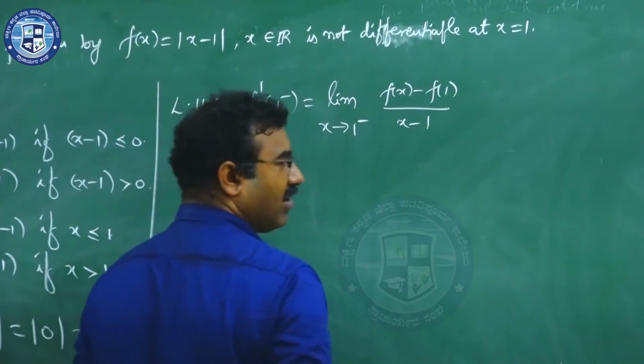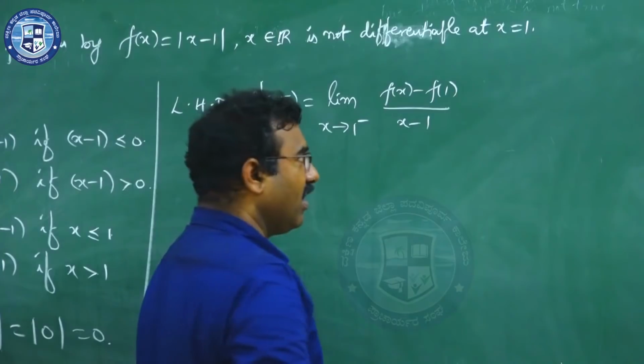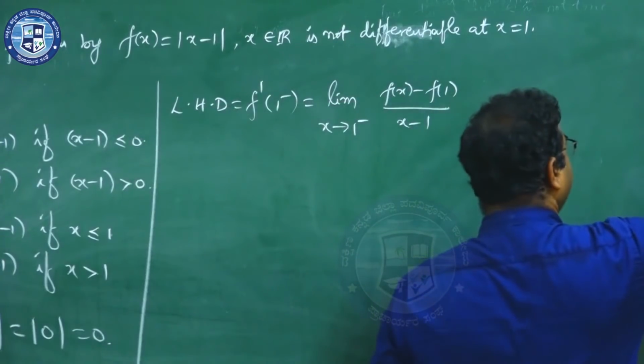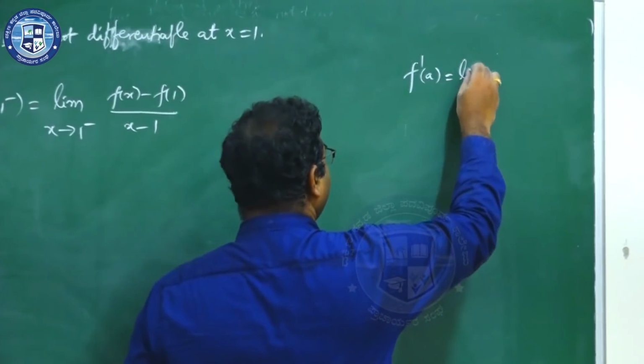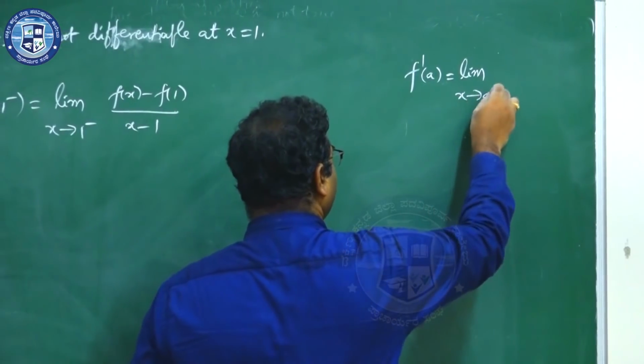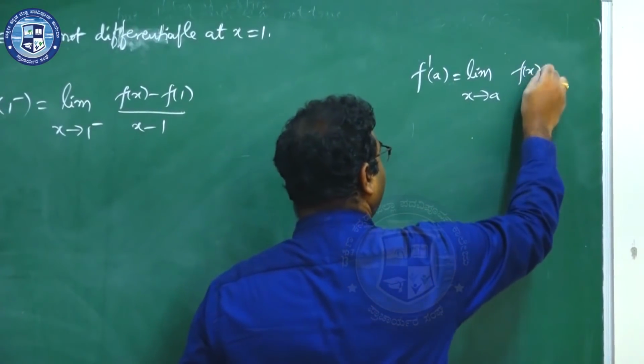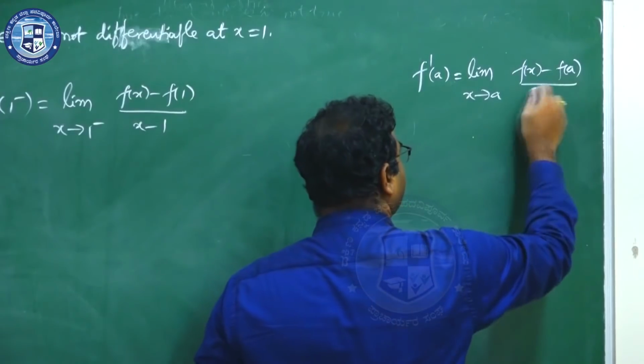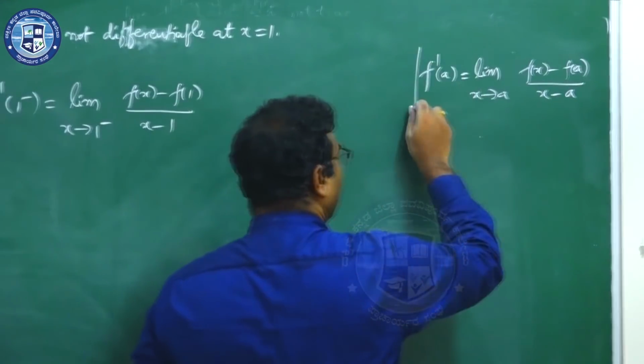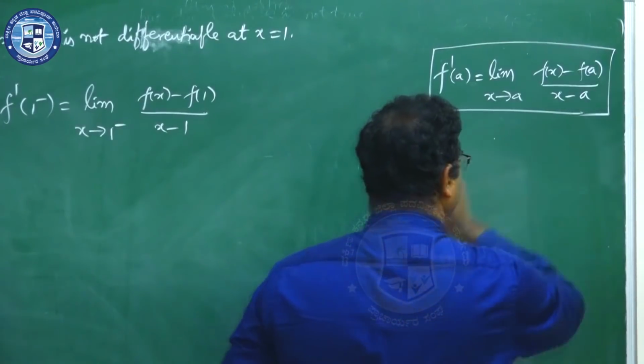Here a is 1. Always remember the formula: derivative at a point, f dash of a is equal to limit x tends to a of (f(x) minus f(a)) divided by (x minus a). Always remember this formula, right.